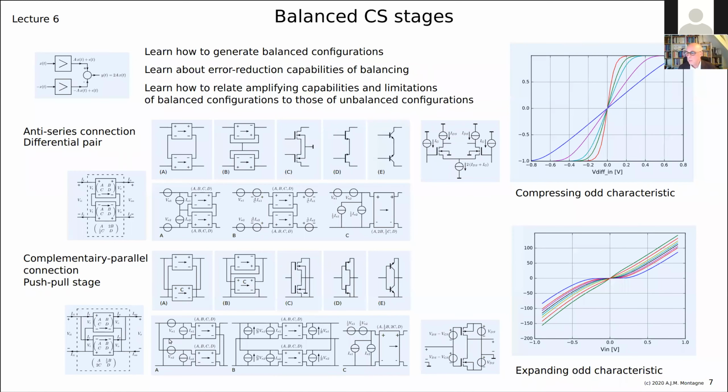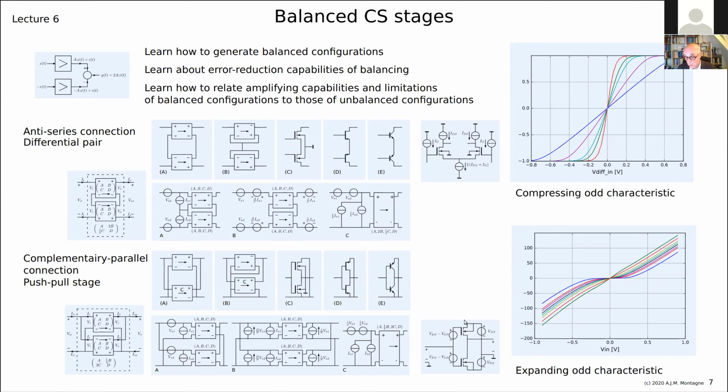So we do it in a similar way. We find another stage, a push-pull stage. We study its biasing and we find the characteristics. Not by thorough analysis of this stage, again, like we did for the CS stage. No, simply by studying the behavioral modifications as a result of the application of balancing.